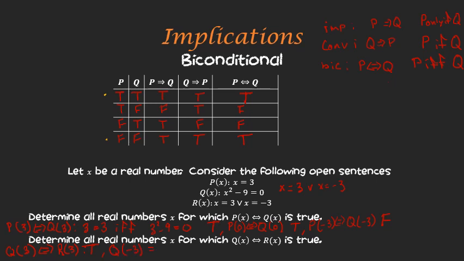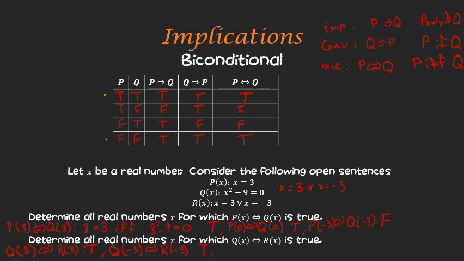Q of negative 3 if and only if R of negative 3. R of negative 3: negative 3 equals 3, that's false. Or negative 3 equals negative 3, that's true. So R of negative 3 is true, and Q of negative 3 is true. So they share the same truth value there. So the biconditional is true here.